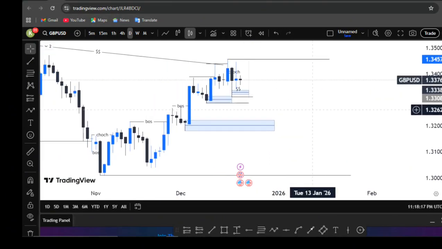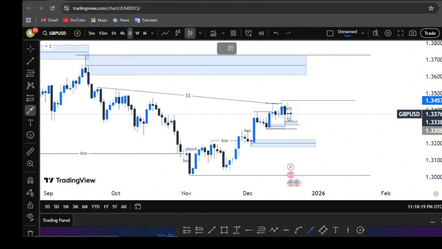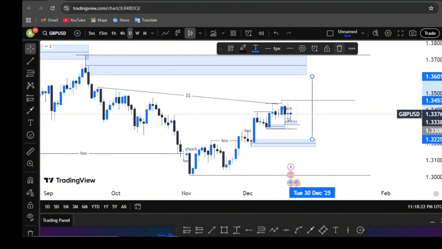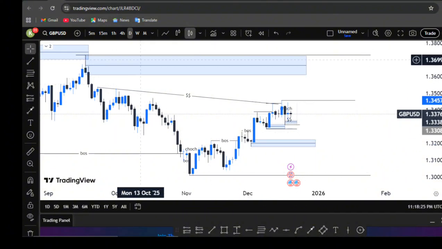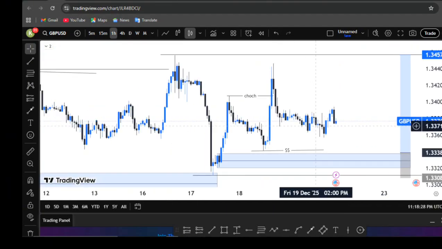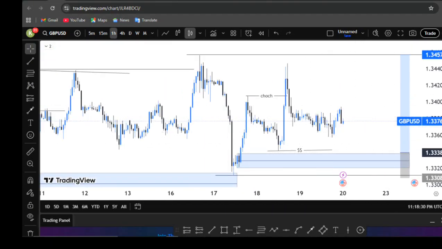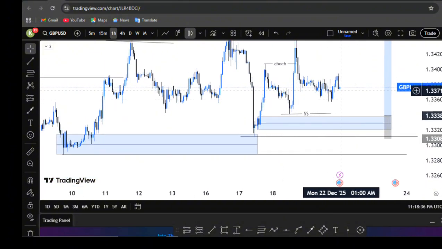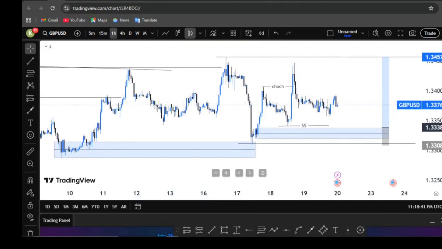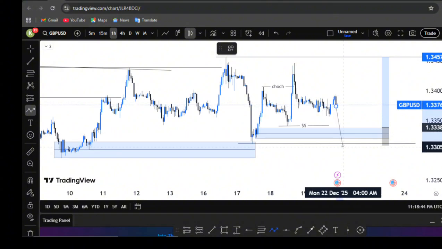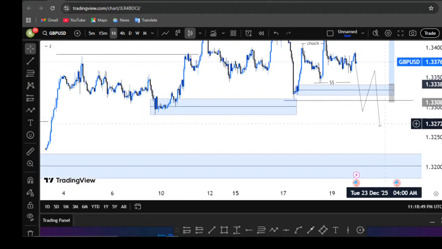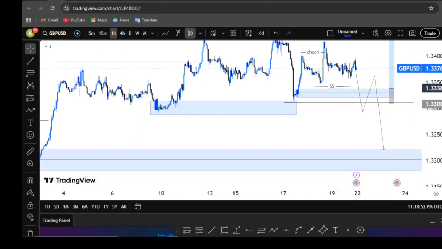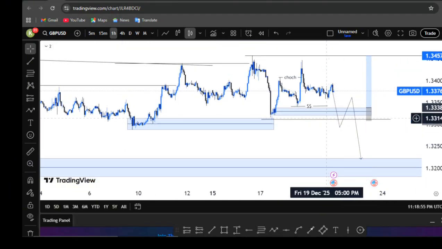But don't forget, in daily we still have this zone. This zone here is still valid from here up to here. So if this zone fails to hold prices, and maybe, let me delete this, and maybe it breaks below here like this, I'll look for more sales up to the daily demand zone.